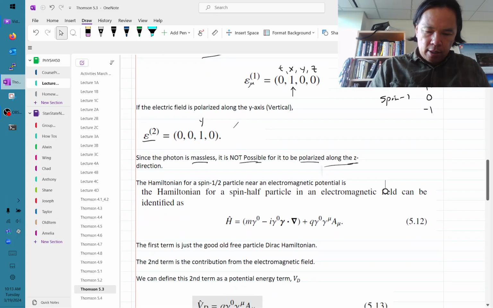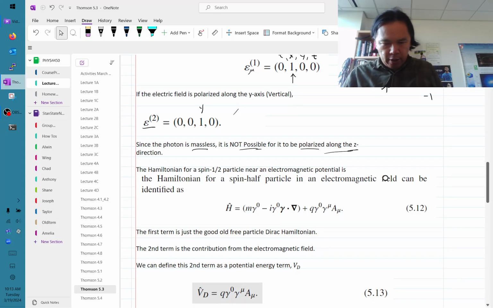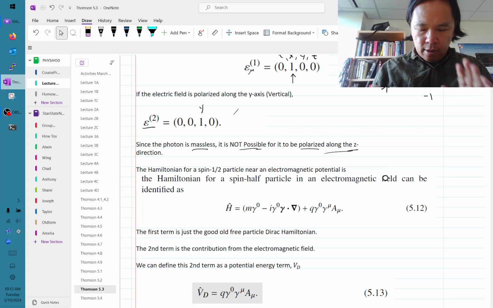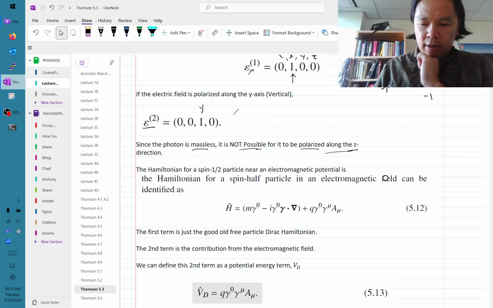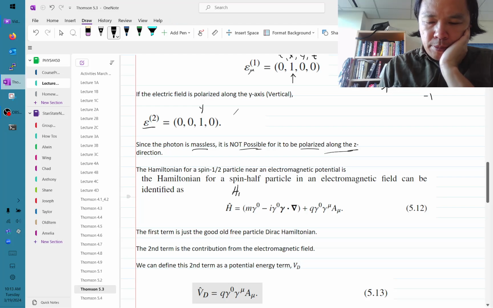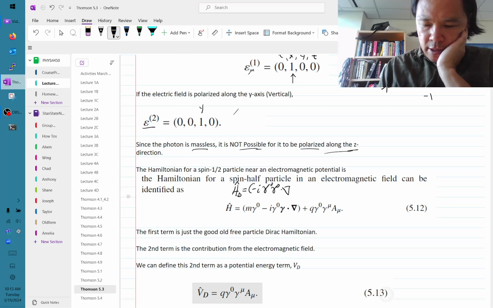All right. So the Hamiltonian for a spin 1/2 particle in an electric potential. Well, let's just talk about it before we add in the electric potential. So the Dirac Hamiltonian used to be this: negative i gamma 0 gamma dot gradient, and then plus m gamma 0, and that's acting on the wave function.